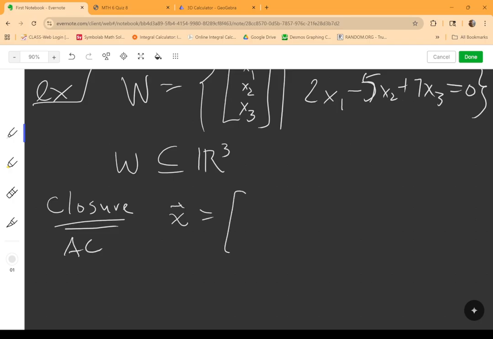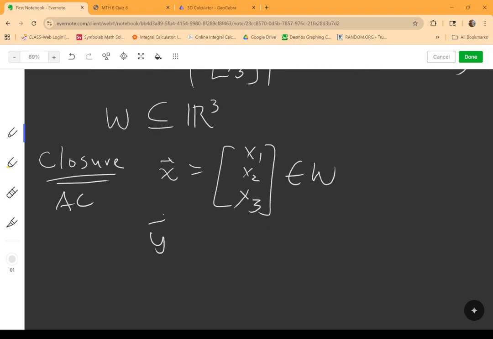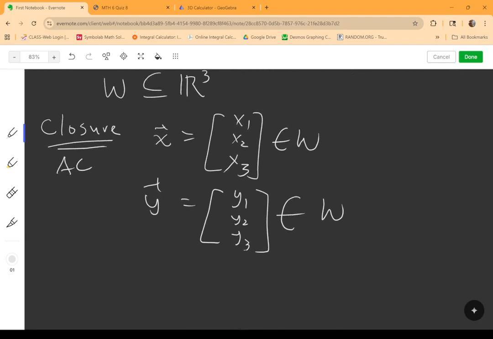Let x be the column vector x1, x2, x3, an element of W, so it satisfies the above equation, and y is y1, y2, y3, also an element of W, which means those satisfy the equation above.